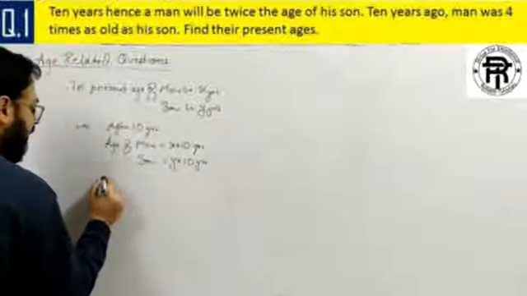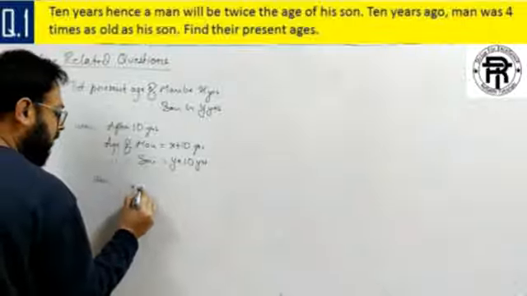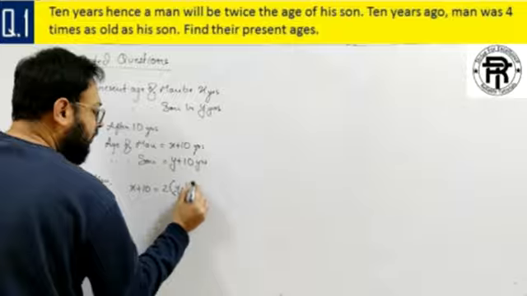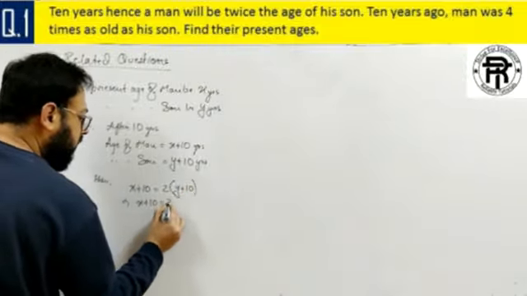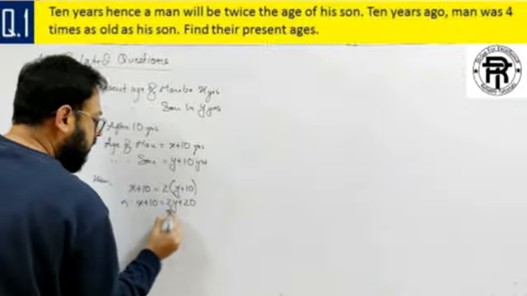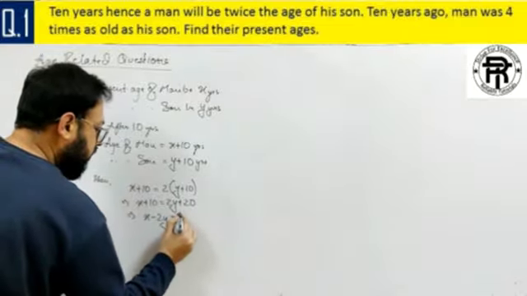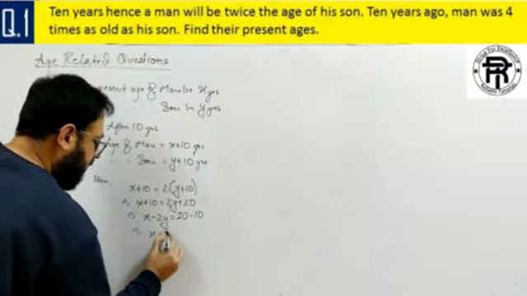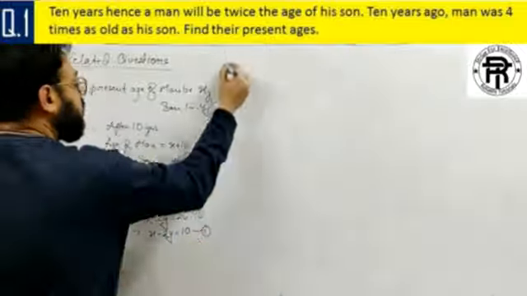So the age of man will be equal to 2 times the age of son. Opening up the bracket, that becomes x plus 10 is equals to 2y plus 20. Transposing the values, x minus 2y is equals to 20 minus 10. That is x minus 2y is equals to 10. That becomes your first equation.